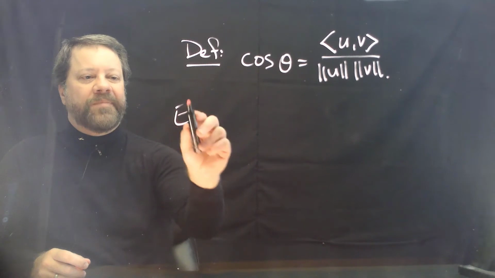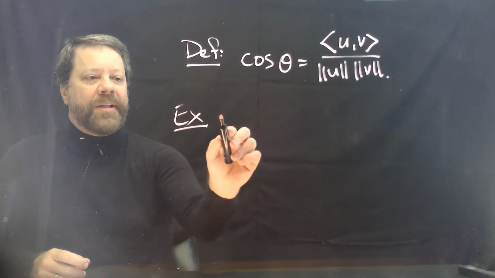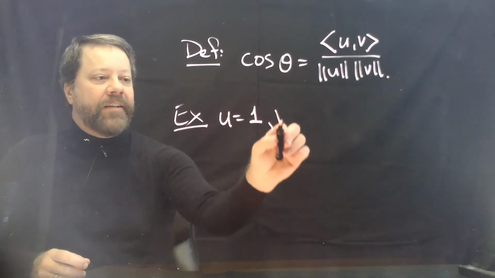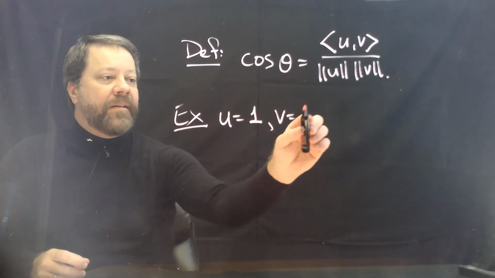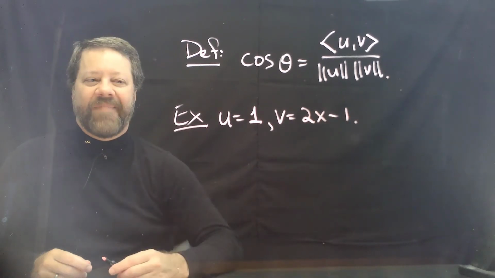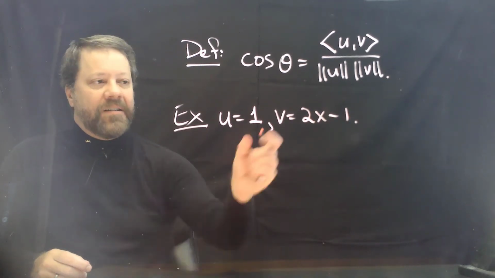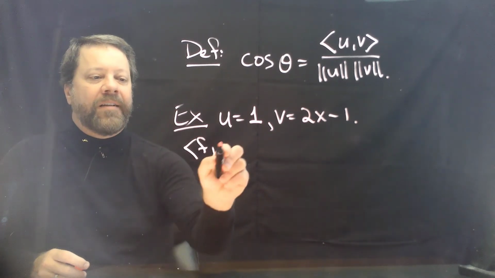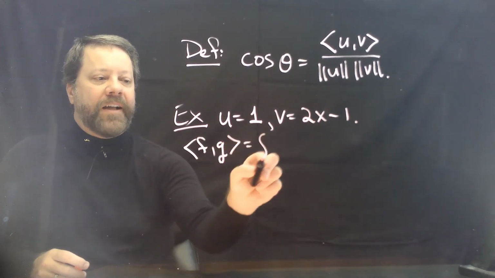As an example, let's suppose that u is the function that is identically 1, and v is the function 2x minus 1. What is the angle between these two functions using the inner product that we defined earlier?